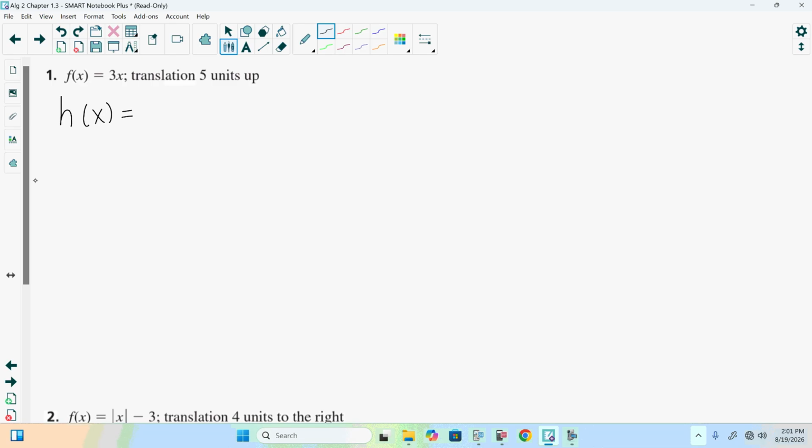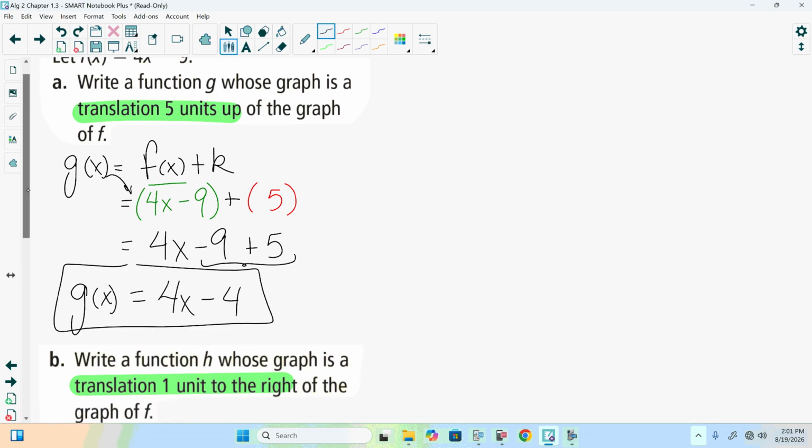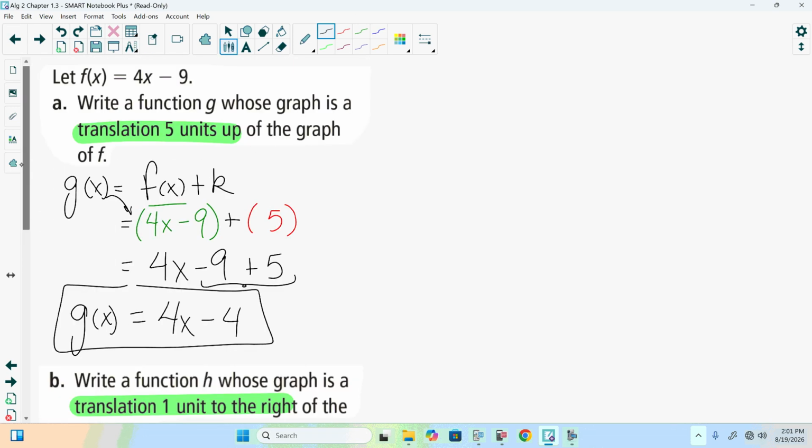h of x, z of x, g of x, it's just a name to tell us what the new function is. Okay? So if we went to the last one here, because here we really have two functions. We have f of x, yes, and g of x. f of x and g of x are y. That's all they are. So if I told you we had y equals 4x minus 9, and y equals 4x minus 4, and I'm like, okay, so we're going to plug 4 into our y equals.